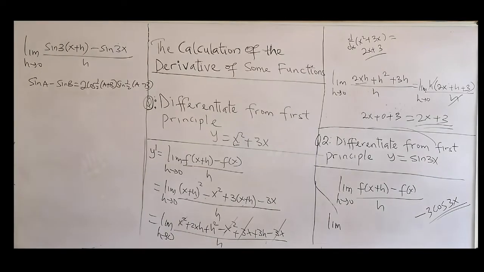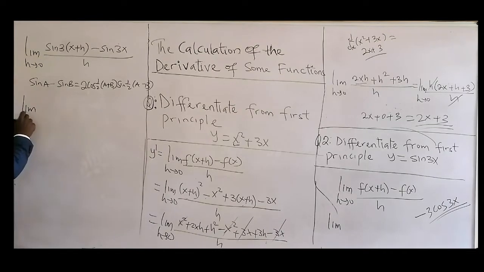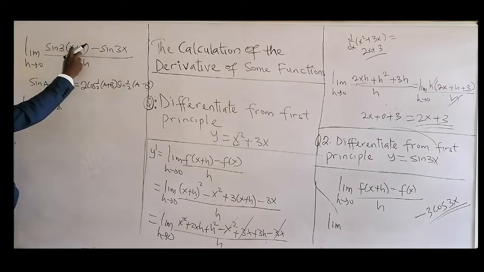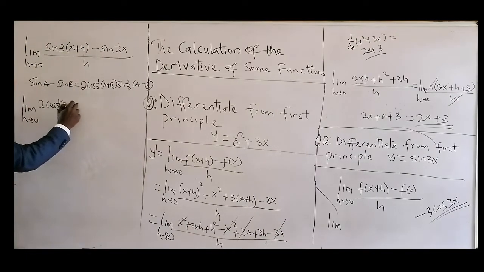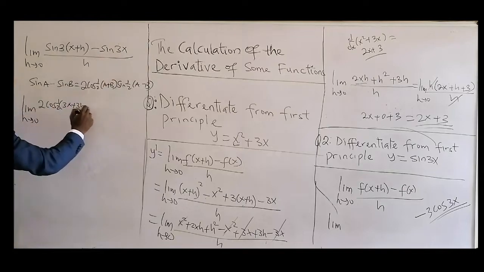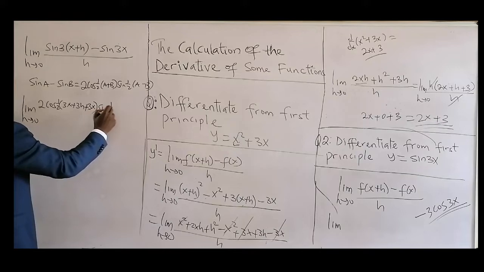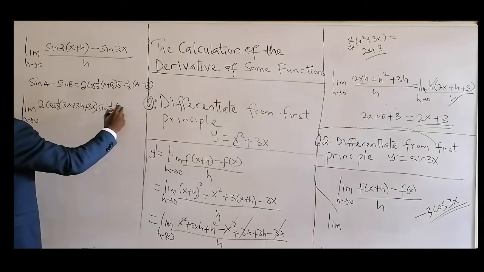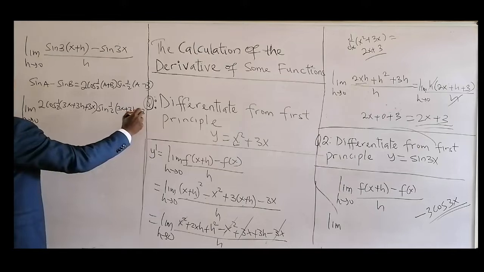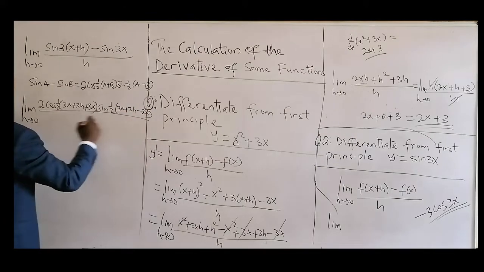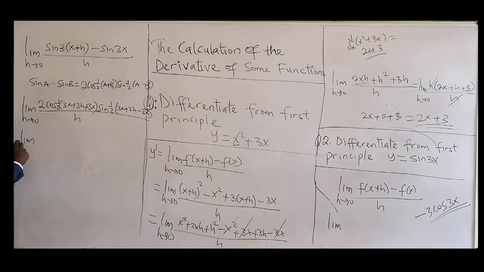So this will be equal to the limit as h tends to 0 of 2 cos half into bracket 3x plus 3h, plus 3x, and then sine half into brackets 3x plus 3h minus 3x, over h.